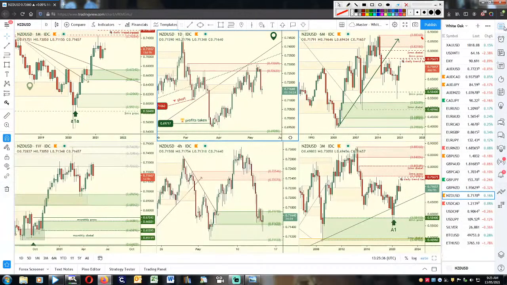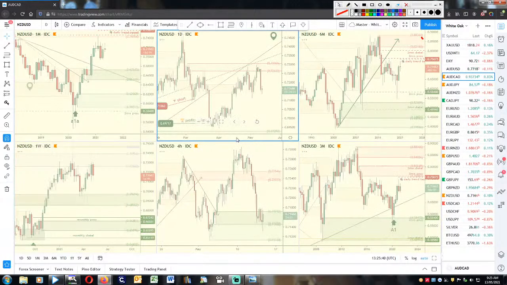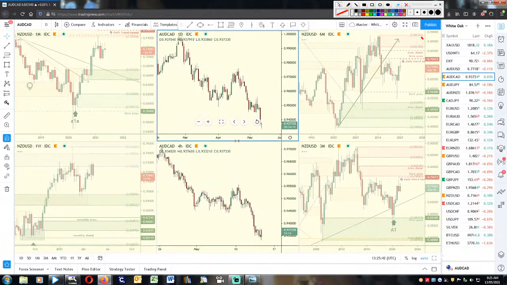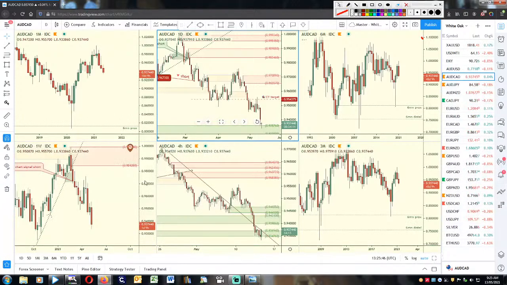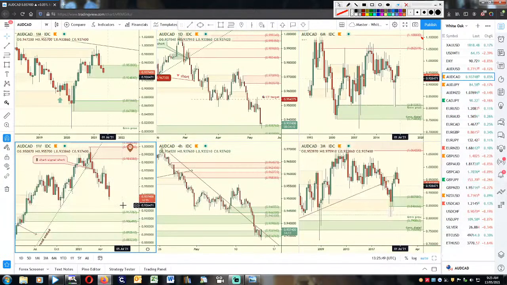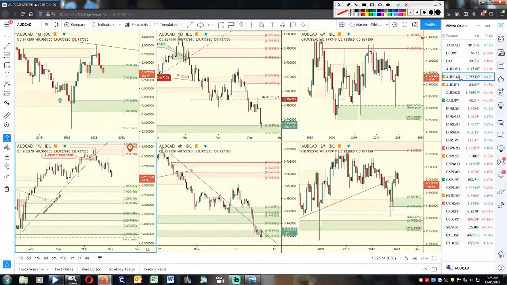So it's not ideal. Okay, I think there's a good trading opportunity in terms of the Aussie CAD. Because we see how the Aussie is sitting in a range, any CAD pair will be good to trade, decent to trade, I should say.